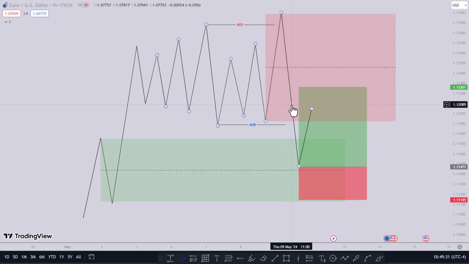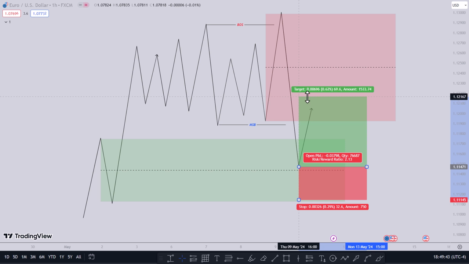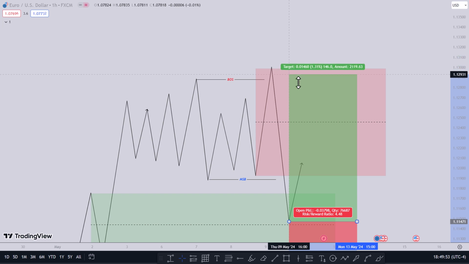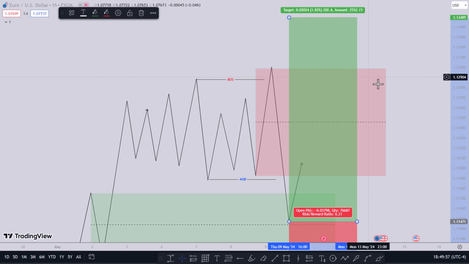So most of the time, price will leave an unmitigated zone when sweeping these lows right here. And this is our first TP. The second TP is this high. And of course, if you are in the right context, we are still bullish on the higher time frame, price is going to go way, way, way above this high.